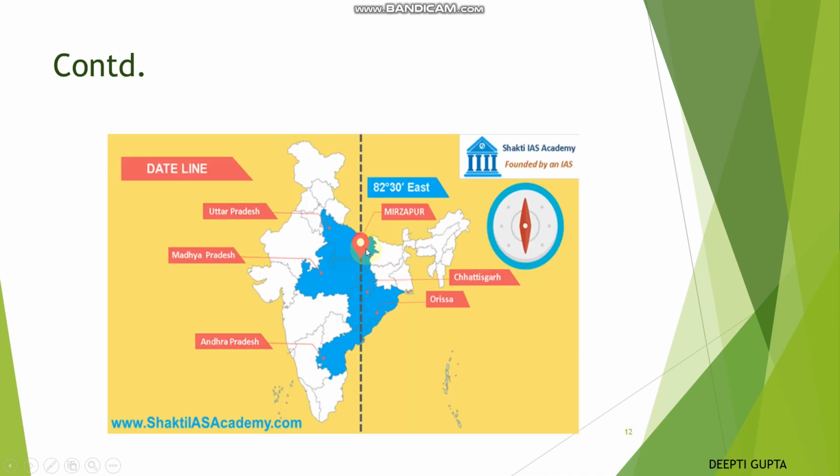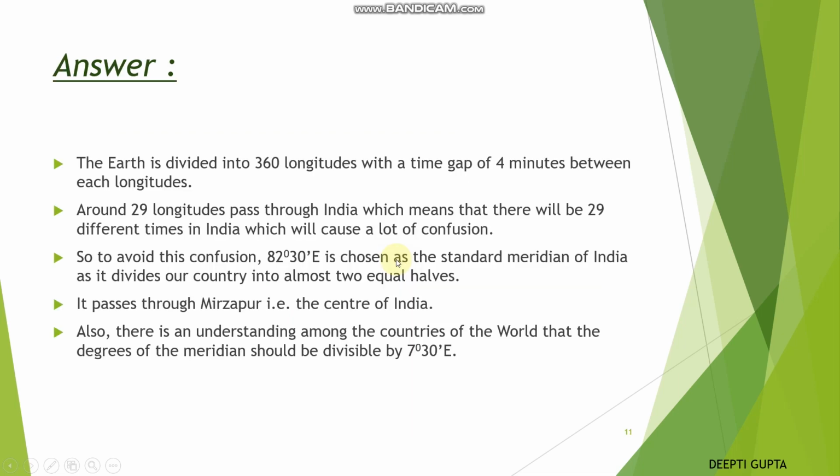Here you can see this location is Mirzapur and it comes under Uttar Pradesh. This is Uttar Pradesh, this is Madhya Pradesh, you can see it is in the center. This is Chhattisgarh, this one is Odisha, and this is Andhra Pradesh. We are taking the time of Mirzapur as the time of India.